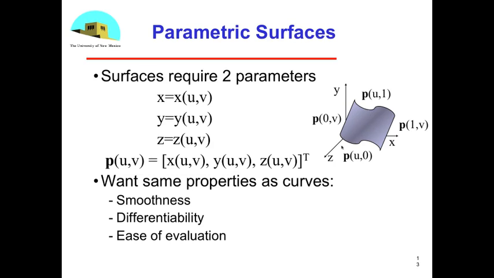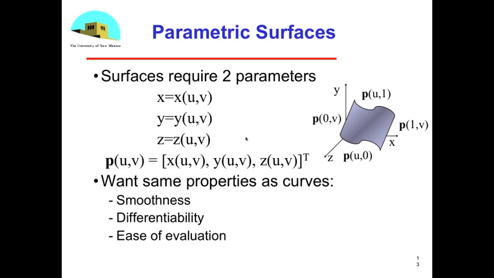So I think it's pretty straightforward to convince yourself that if you know about curves, you kind of know about surfaces, because all you're doing is connecting all of these curves as I change either u or v a little bit. So you want the same kind of properties, because if we build our surfaces from curves in either u or v, I want smoothness, I want to be able to evaluate derivatives and normals, and I care about how easy it is to evaluate these functions x, y, and z.